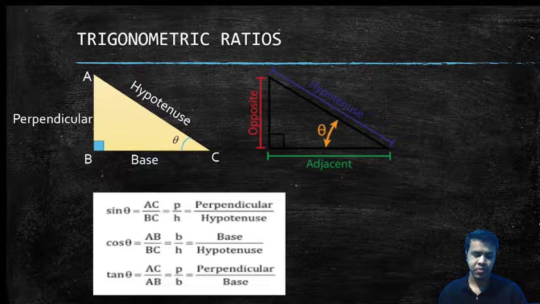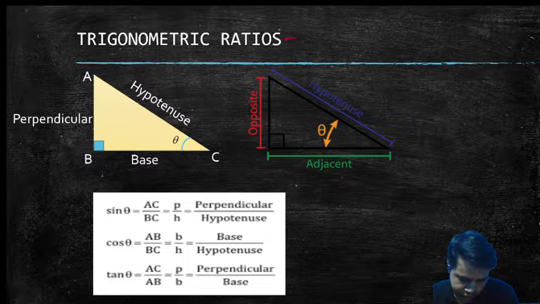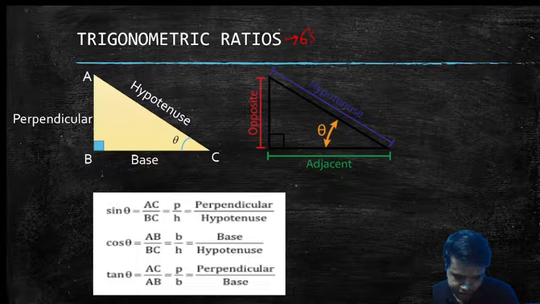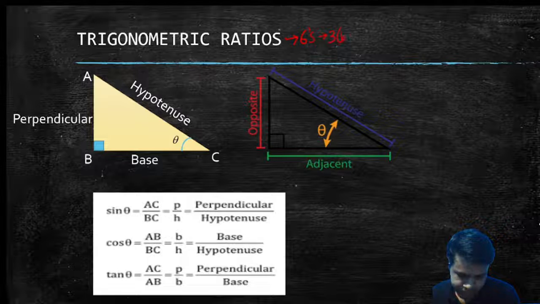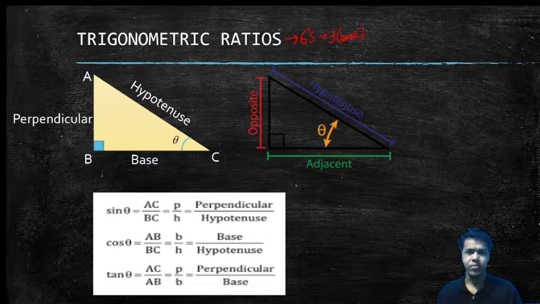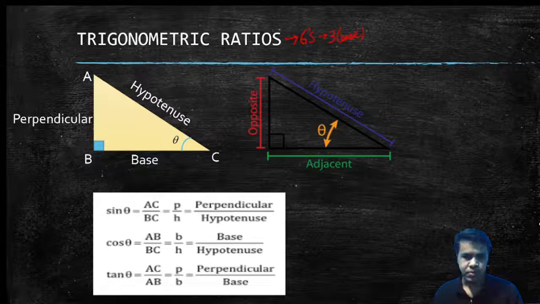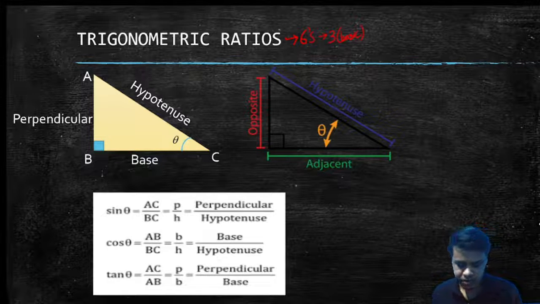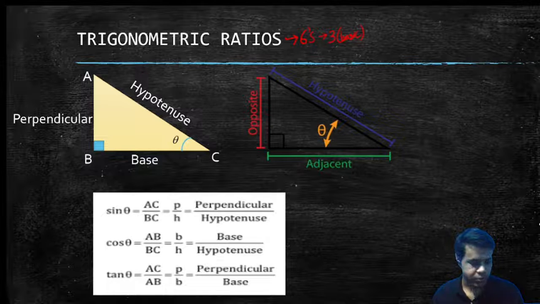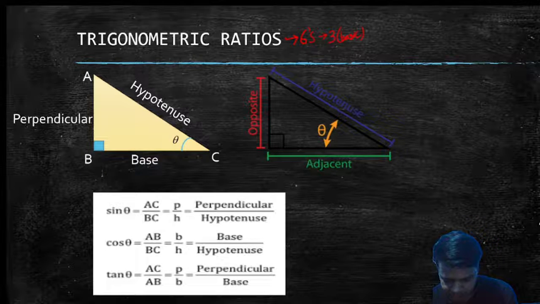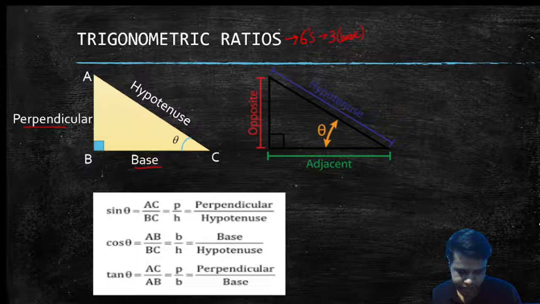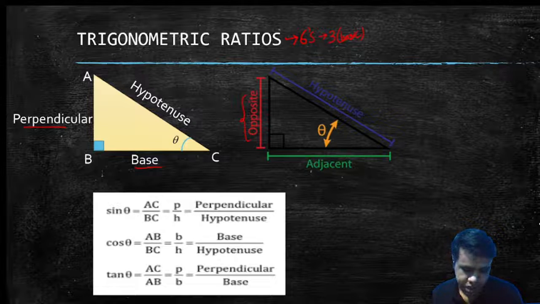Now coming to trigonometric ratios, there are six trigonometric ratios, of which three are basic. You need to remember their formulas to solve problems. Before jumping on to the formulas, we need to familiarize ourselves with two more terms: perpendicular and base, which are nothing but other names for opposite and adjacent.